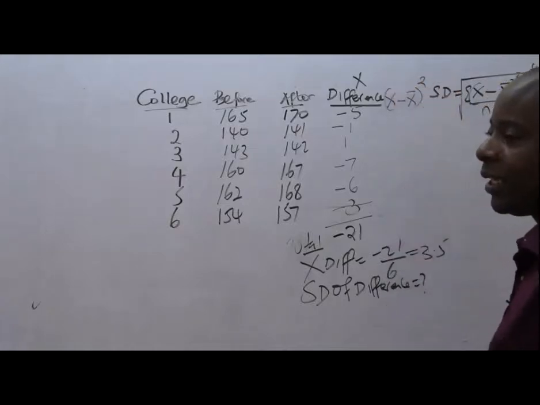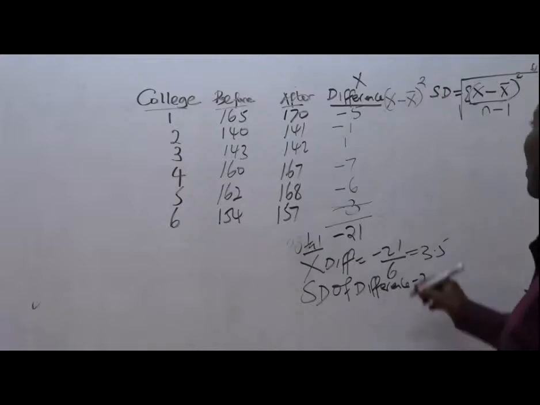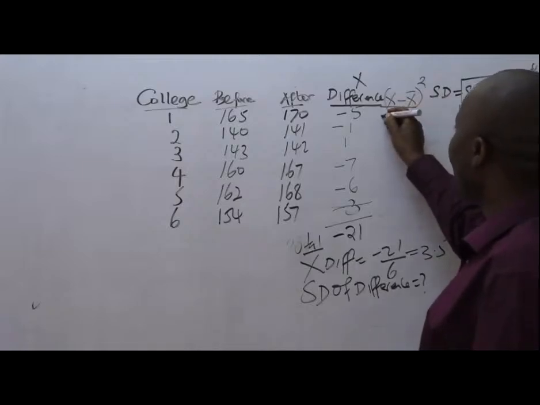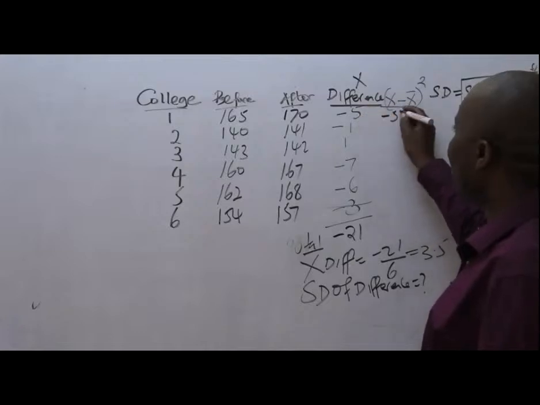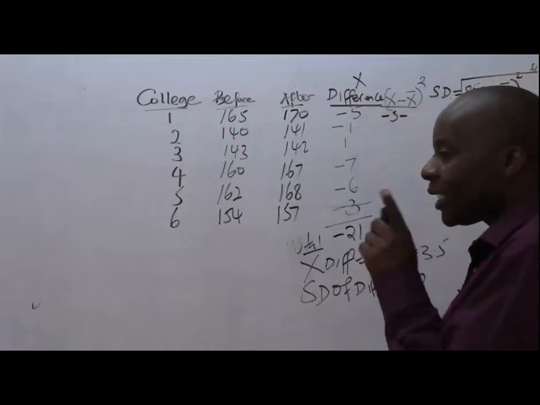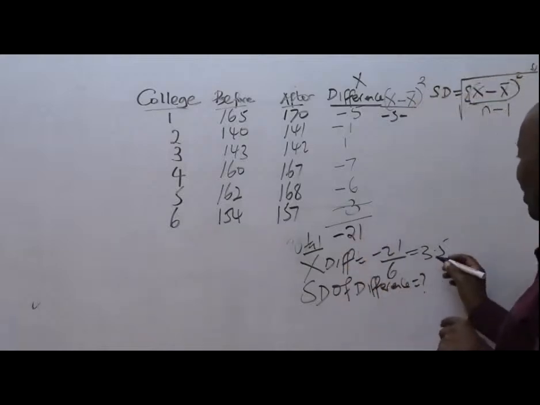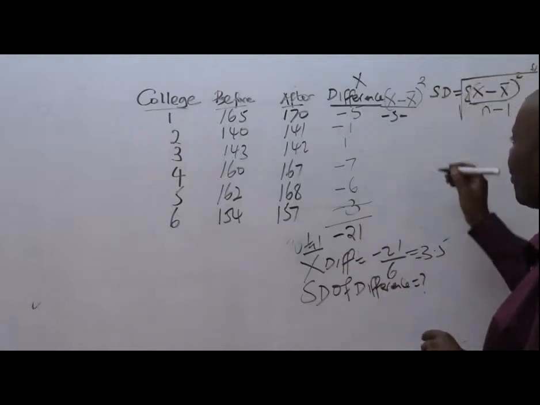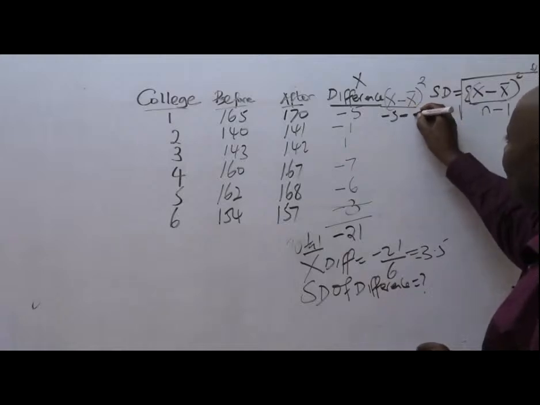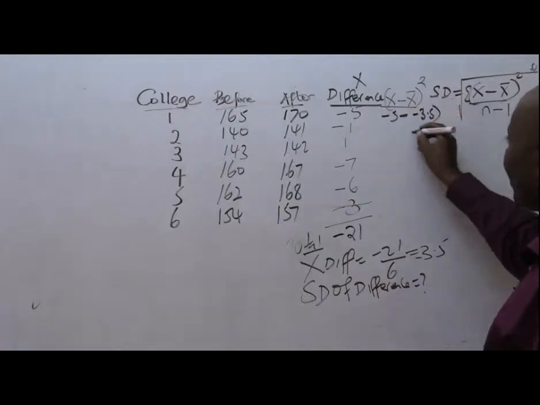The first one will be minus 5. This is X. Don't forget, X bar itself is negative, which is minus 3.5.